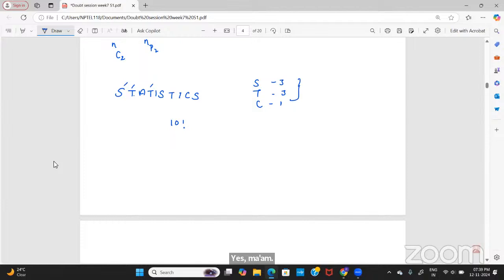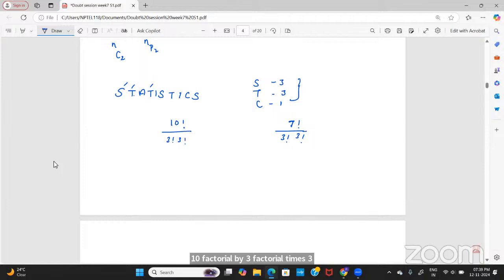Okay, so non-vowels are 7. So it will be 7 factorial divided by 3 factorial, 3 factorial, right? And total number of ways will be 10 factorial divided by 3 factorial times 3 factorial.